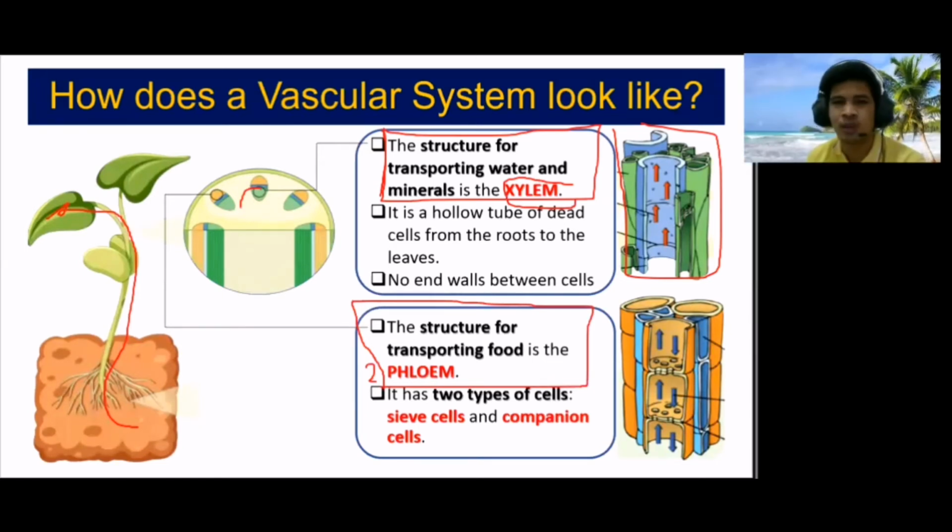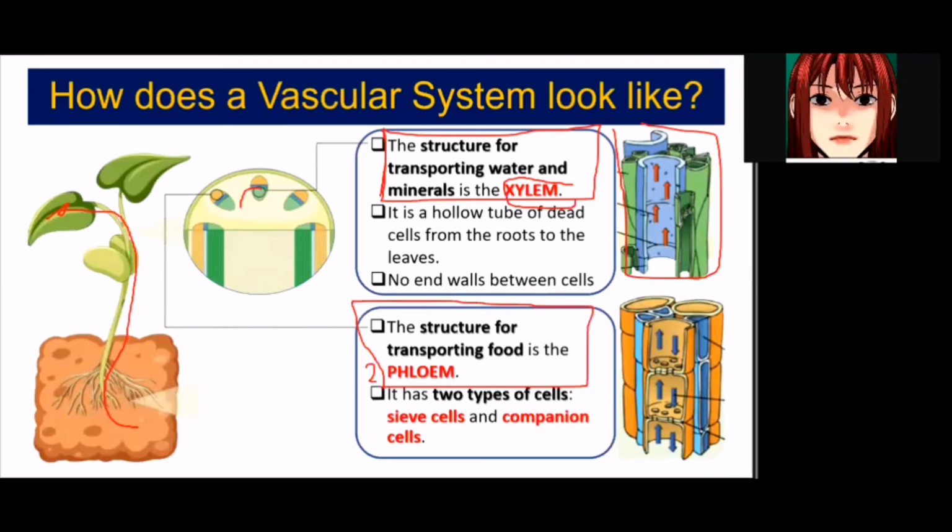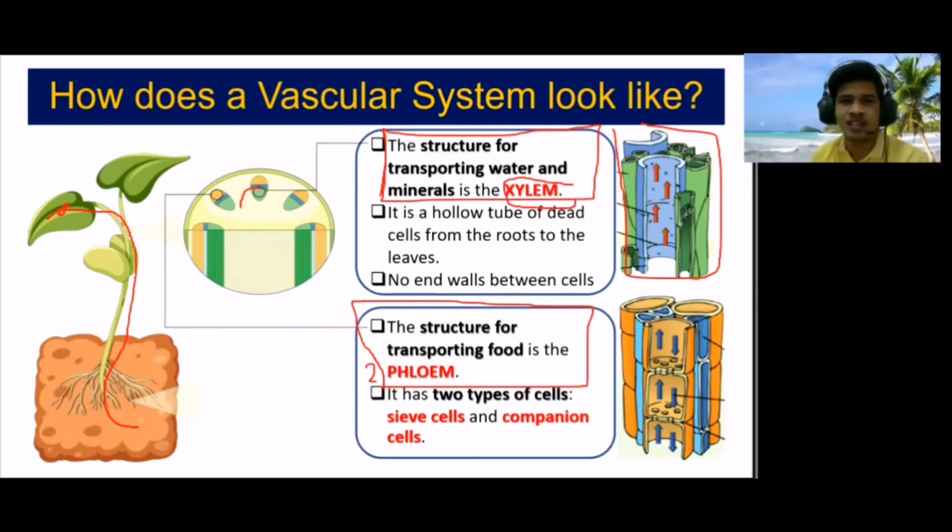Number two, phloem. The structure for transporting food is phloem. Phloem. All right, thank you so much, Q. All right, so phloem is responsible for transporting food. Remember the difference, okay? Xylem transports water and minerals.